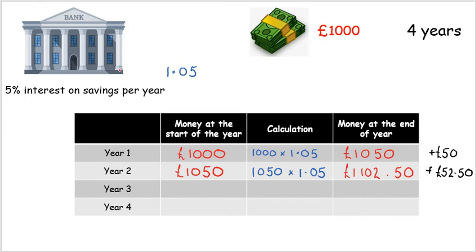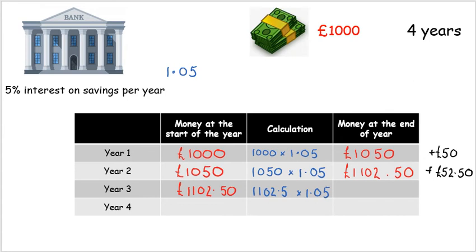Continuing on, we're now starting year 3 with what we ended year 2 with, £1,102 and 50 pence. And we're applying a 5% increase, so we're taking that amount and multiplying it by 1.05 to get that 5% increase.